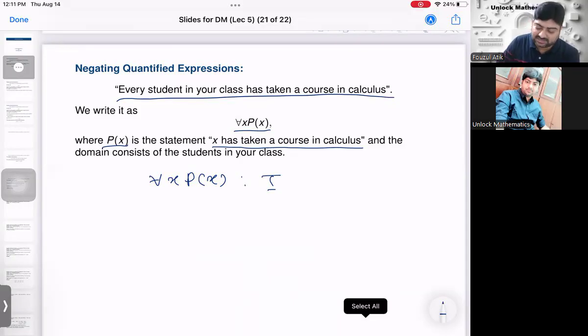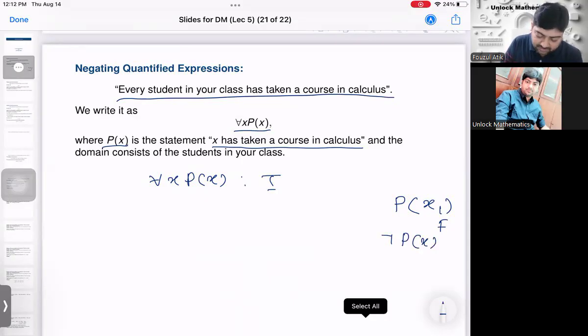So if you get some particular x1 for which this is false, that means for all x P(x) will be false in that case. What does it mean? There must exist an x for which not P(x) is true.